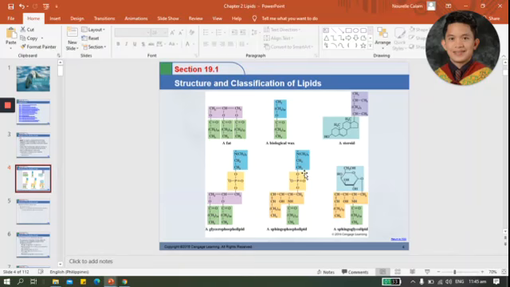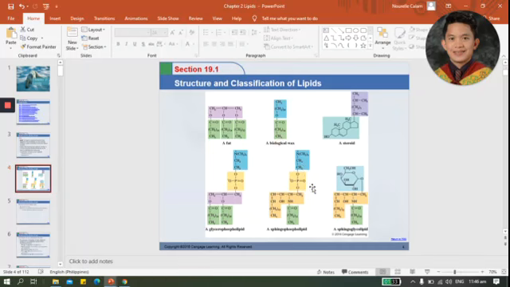If we look at all these example lipids, we can see that they do not have a common feature which, at first glance, would let you classify them immediately as lipids. However, the common thread that ties all of the compounds in this figure is their solubility rather than the structure.